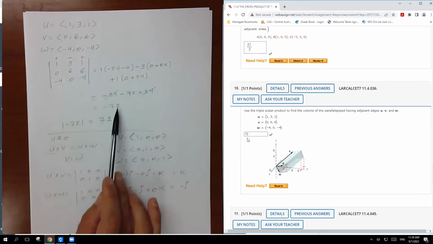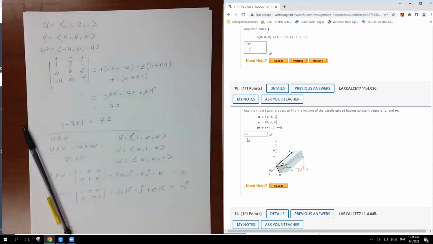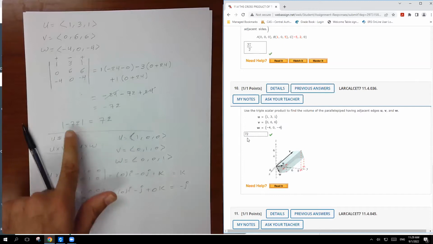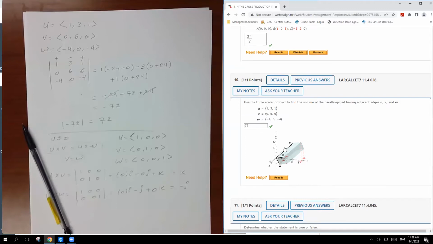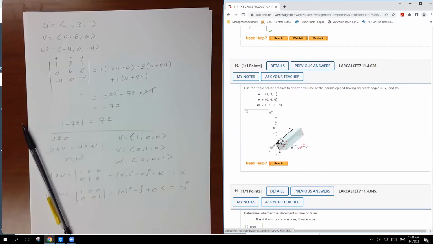Because do you have volume in negative? Volume shouldn't be negative, so you have to take the absolute value, so it's going to be positive. Wouldn't you use a squared plus b squared plus c squared to get rid of it? No, not the length.